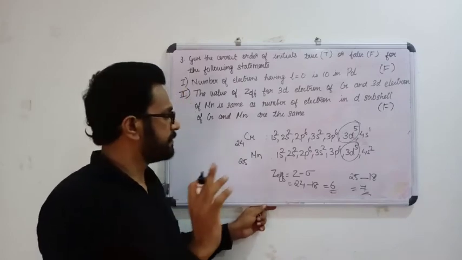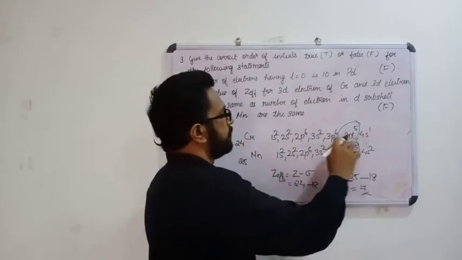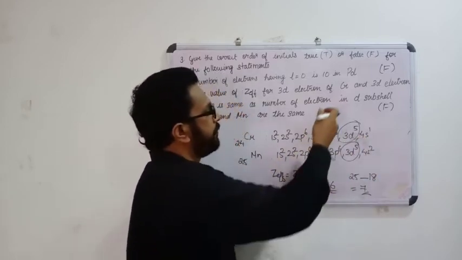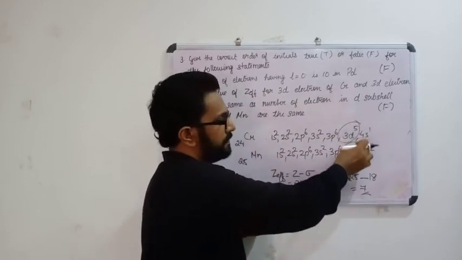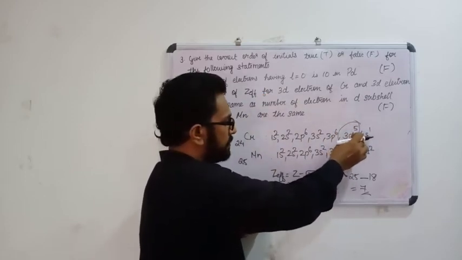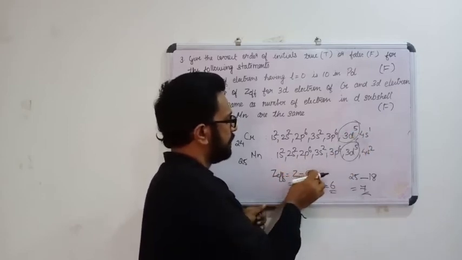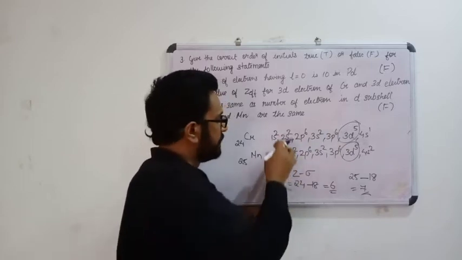Is it clear? I'll explain once again. The chromium configuration goes like this, and for manganese the configuration is like this. We have to find the effective nuclear charge of the 3d electrons. Effective nuclear charge is nothing but atomic number minus sigma, and sigma is the number of inner electrons.